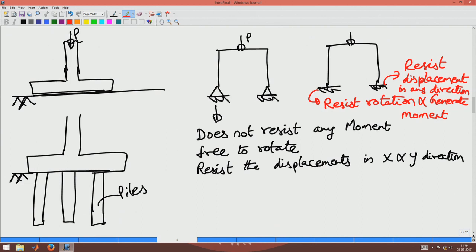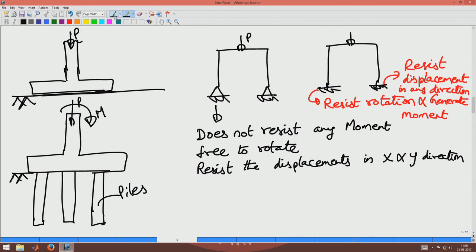Now, when I say how the foundation has been designed, I have to say what are the supporting forces and moments that the foundation has to resist. In this case, I gave only an axial load. In this case, I can have an axial force and a moment coming in on the column. Okay. So, because of these piles, this pile can take tension or compression, and it can resist.